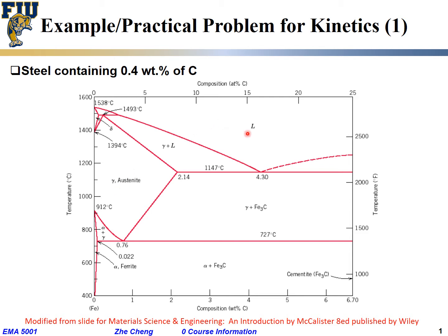L is for liquid, and this one called gamma, austenite, is a so-called single phase solid solution. Let me ask you this. If I'm here, what does that mean? Single phase, is that pure iron? No. If you read down, if I point to here, it has roughly 0.7%.